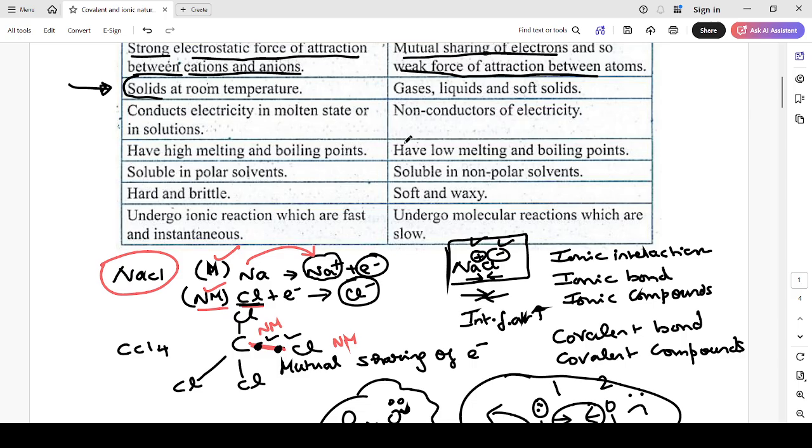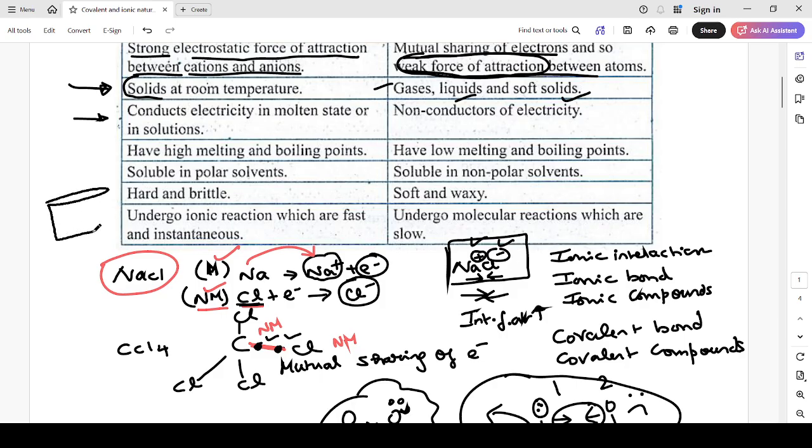But covalent compounds have a weak force of attraction. Because of that, they could be gases, liquids, and also soft solids. Soft solid means they are not that rigid. The next point. As we said, they have this ionic form there.